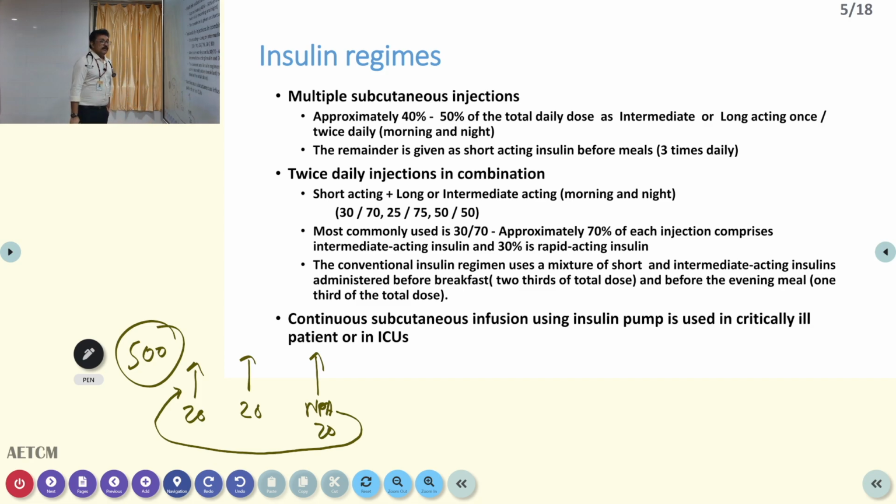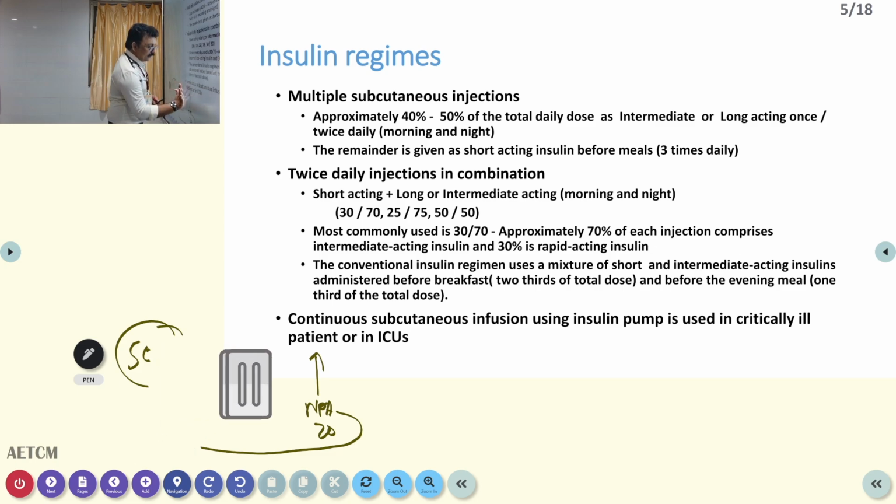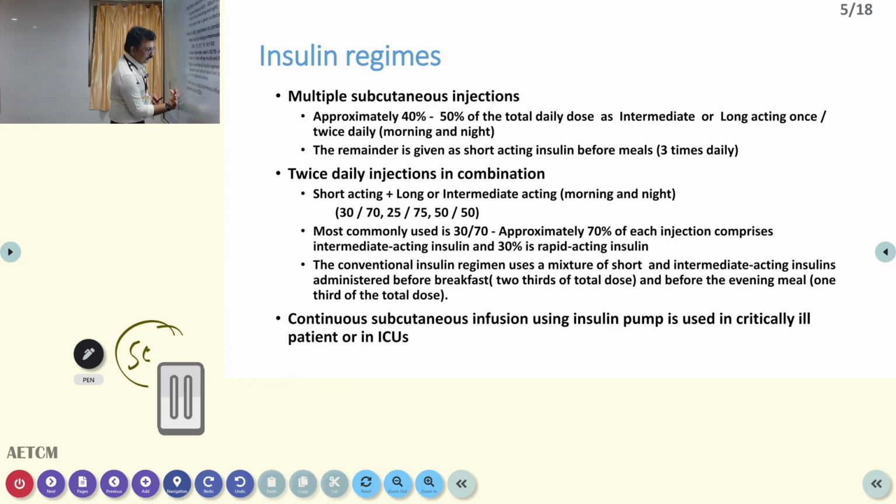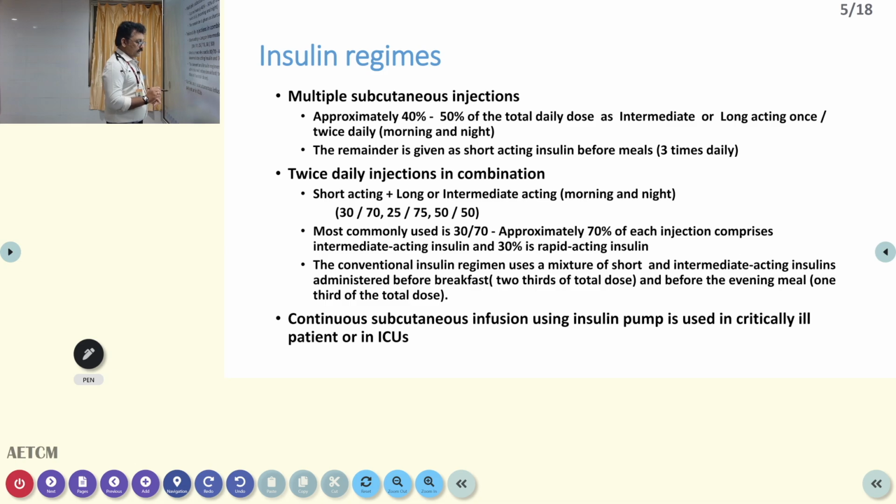That is the advantage. But now we have premixed insulin. Premixed insulin means that it contains both regular insulin with NPH. Suppose the blood sugars are 300, for example. I want to give some premixed insulin. I may give 20 units of premixed insulin. Suppose it is 25 plus 75. That means 25% of the 20 units is short acting, 75% is long acting.